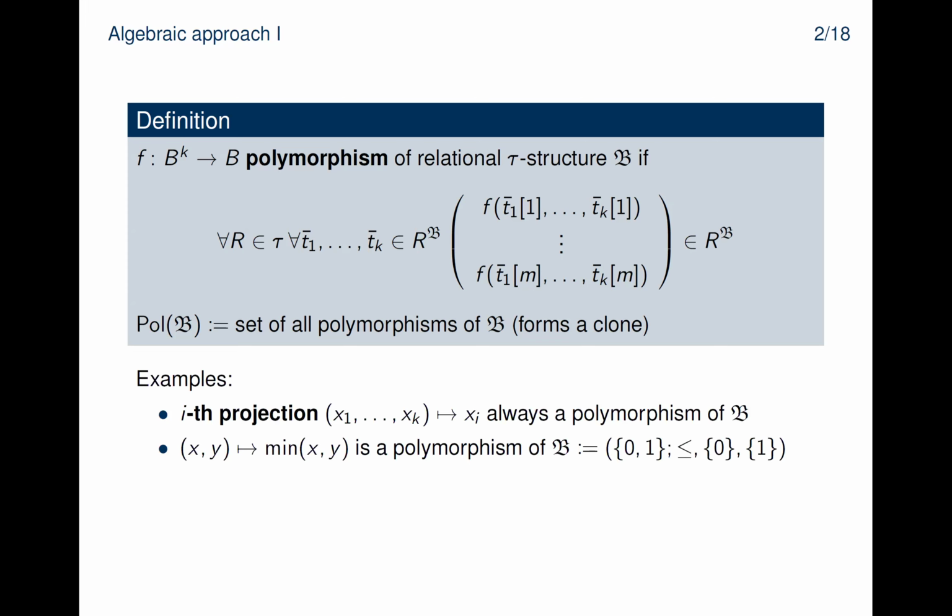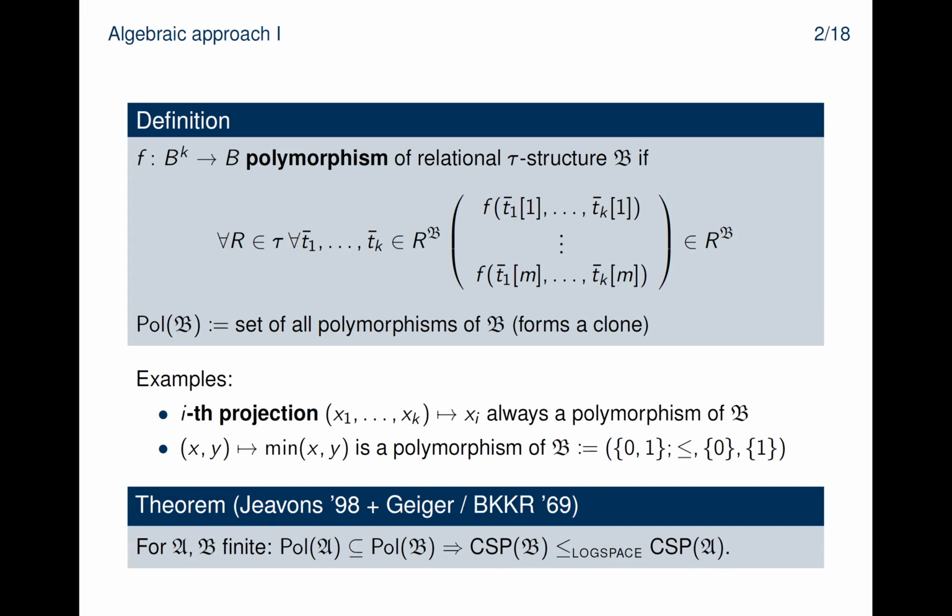Now let me give you some examples. An example that is always present is the projection operation: the operation that takes k arguments and always outputs a fixed one is a polymorphism of any structure. And the binary minimum operation is a polymorphism of, for example, this structure down below, where the domain is just the 2-element set {0, 1}, we have a weak linear order, and we have 2 unary relations for 0 and 1.